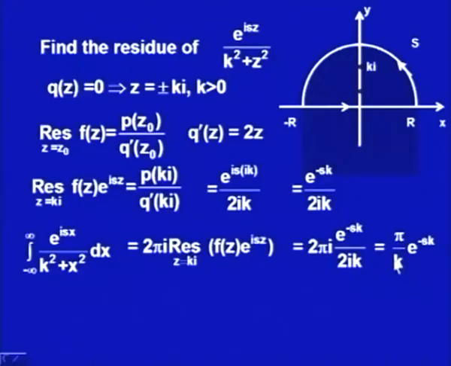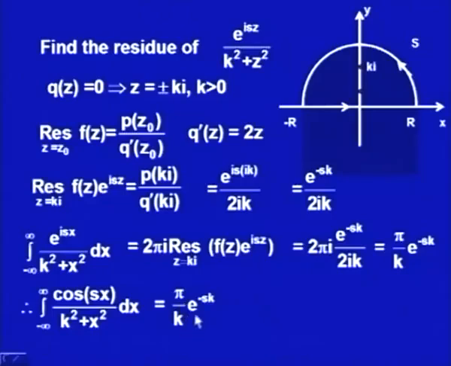So it has only a real part, its imaginary part is 0. So finally, comparing, the integral from minus infinity to plus infinity of cos sx upon k square plus x square dx should be π upon k e to the power minus sk, and the integral of sin sx upon k square plus x square with respect to x over the range minus infinity to plus infinity should be 0.